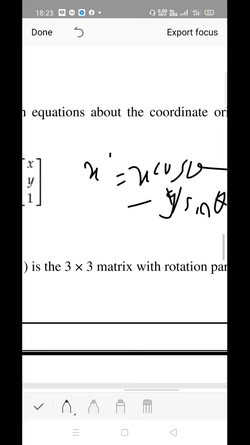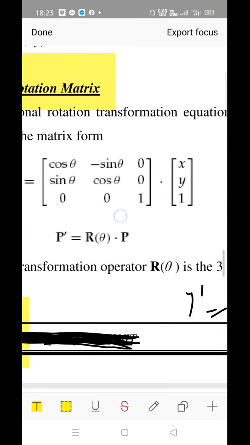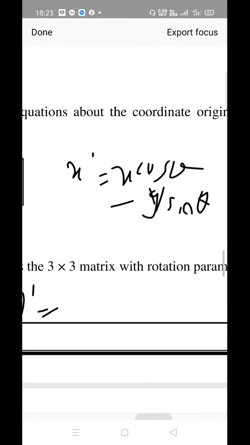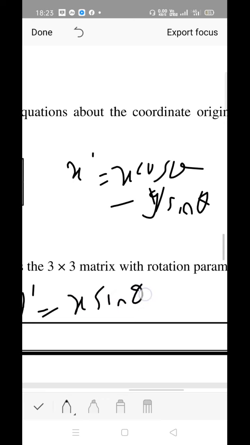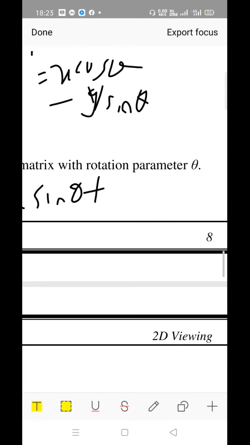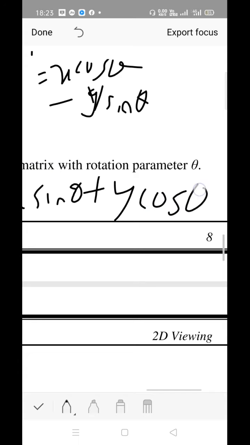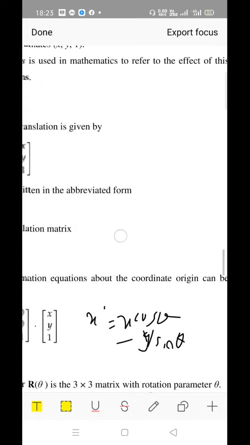That is what x dash is, and y dash is obtained as x sin theta plus y cos theta.